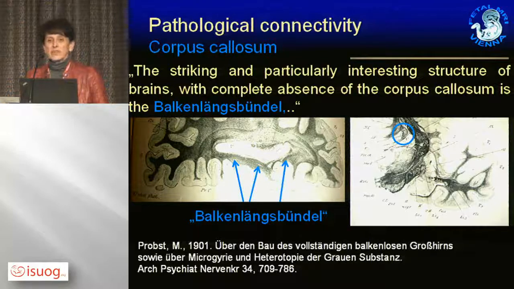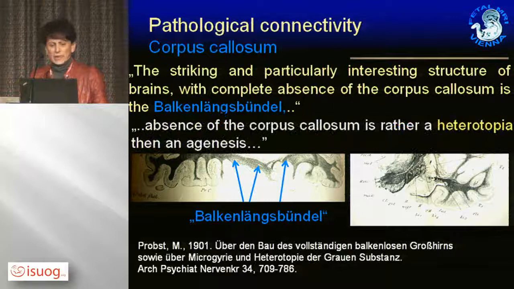And fortunately, this bundle became very prominent and famous because otherwise you would still have to remember the conception of Balkenlängsbündel, which is not so easy if you're not German speaking, but in the meantime it is of course called the Probst bundle. So why were we interested in this old work?